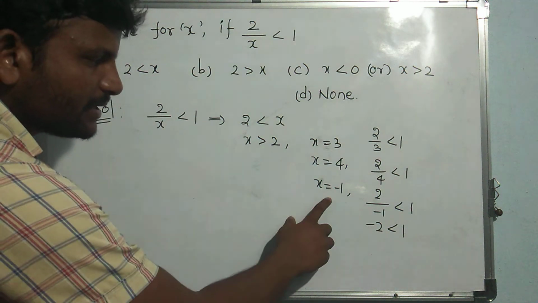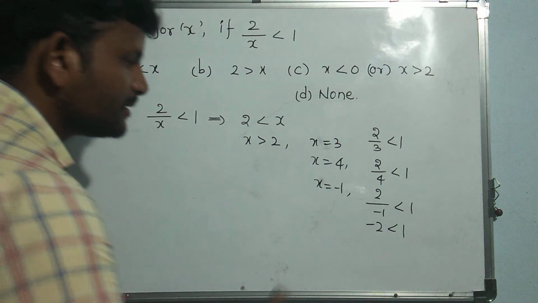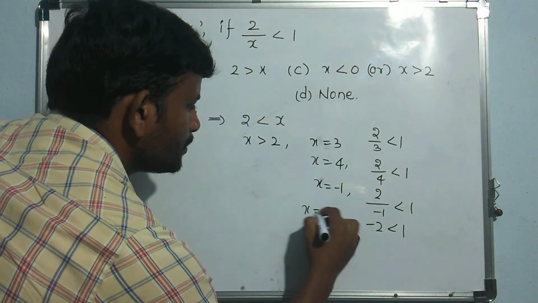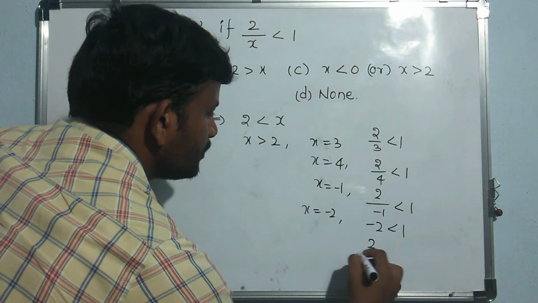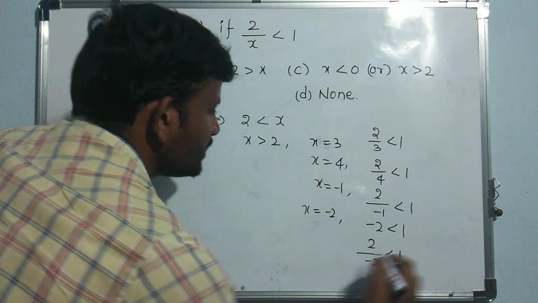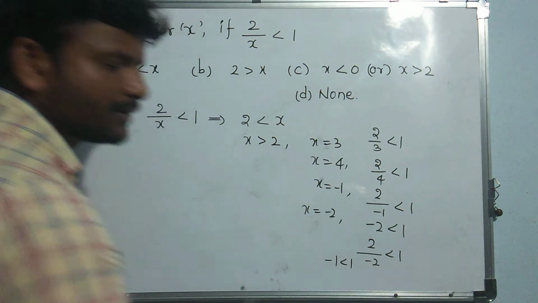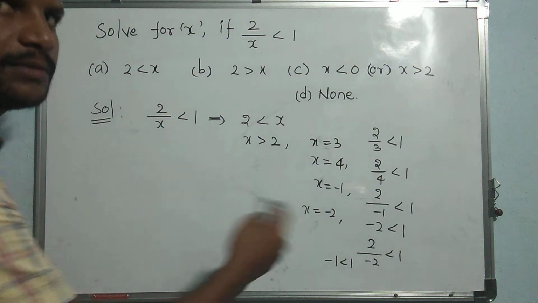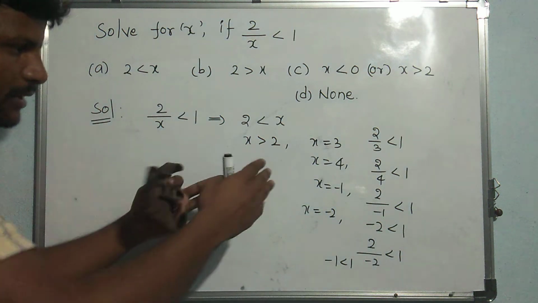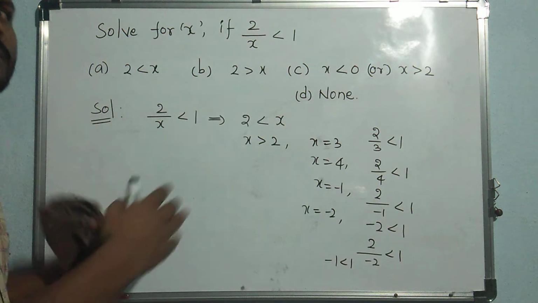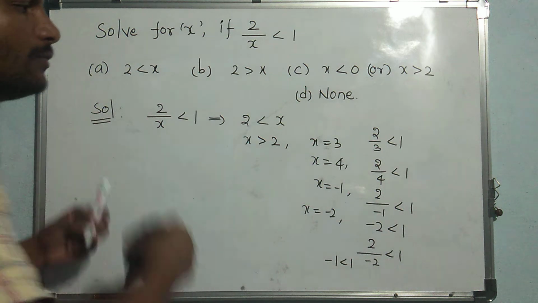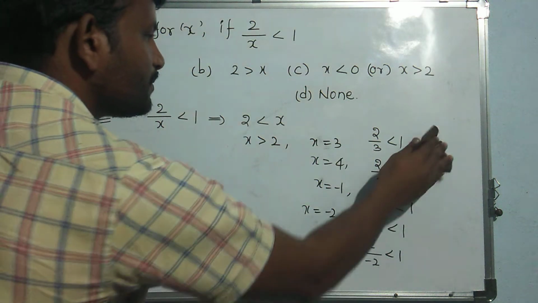We are missing the negative side, that is, when you take x is equal to minus 2 also, 2 by minus 2 is minus 1, which is less than 1, correct only. So we are missing x is equal to minus 2 also. So the left side of 2 we are missing, right? And how to get that complete solution I will explain now.